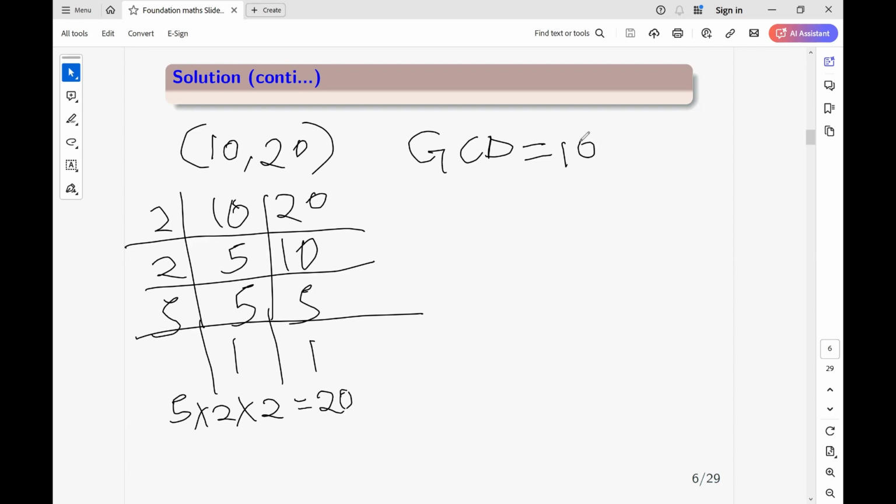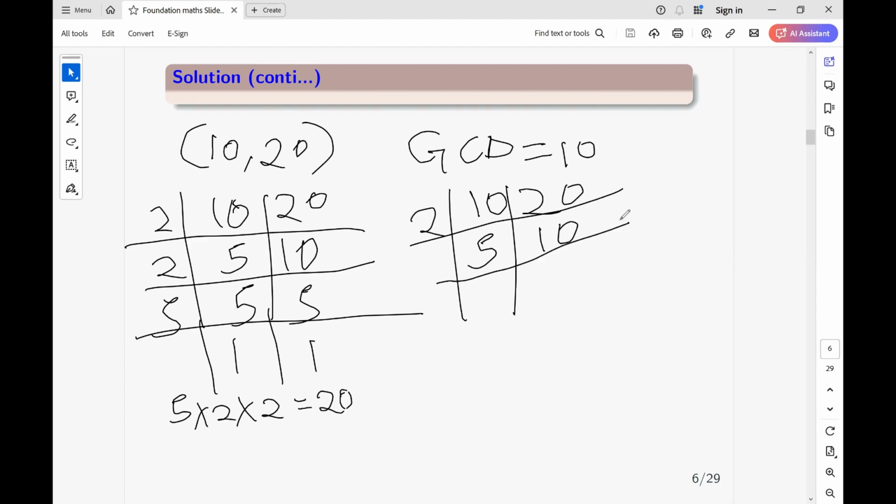So 10, 20. The smallest is 2, going here 5 and going here 10 times. And then the next one that's common for both is 5, going here once and here twice. So we have 2 times 5, which gives us 10.